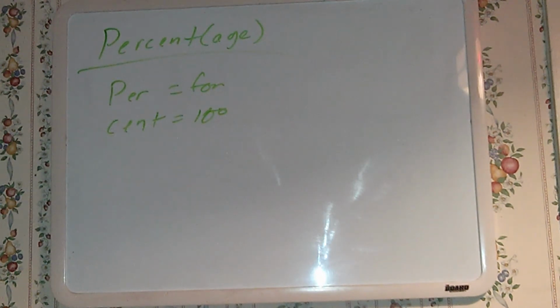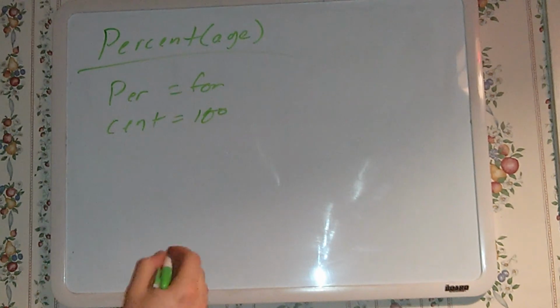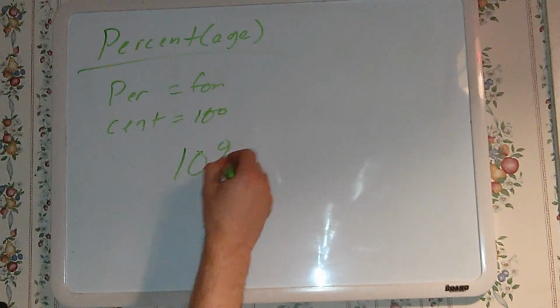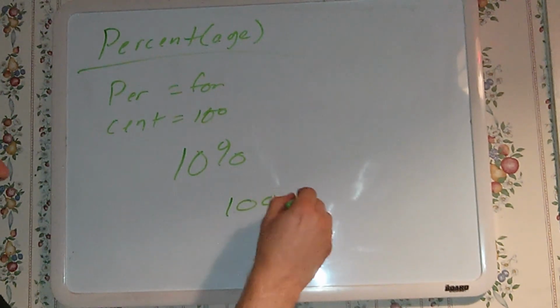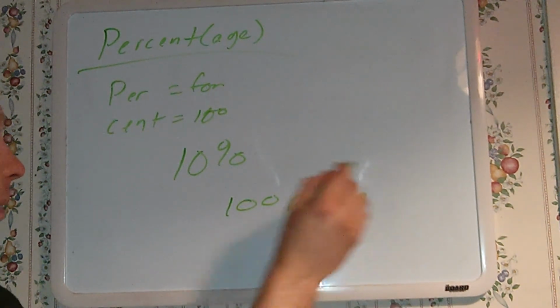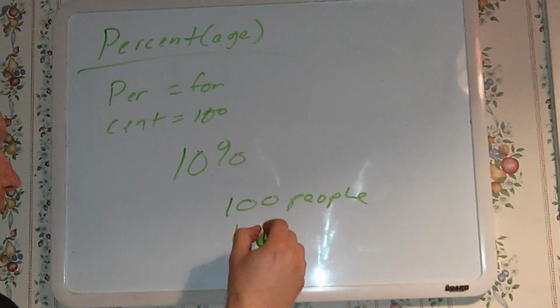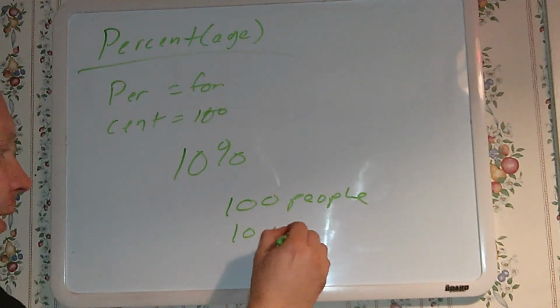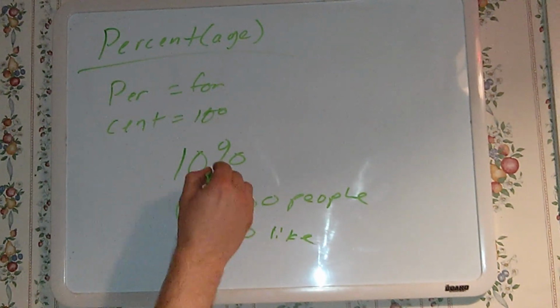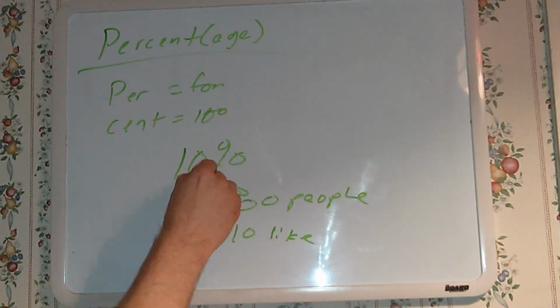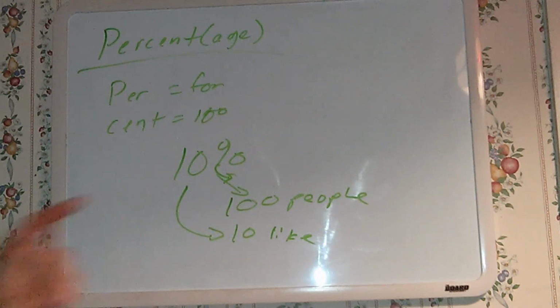So anytime you're dealing in percentages, you're dealing in hundreds. Like if you had 10%, let's say we're talking about 10% of people like something. Well, that means for every 100 people, 10 of those people like something, because it's 10 out of every 100. That's what the percentage sign is telling us, is out of every 100.